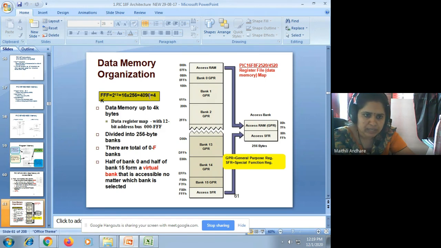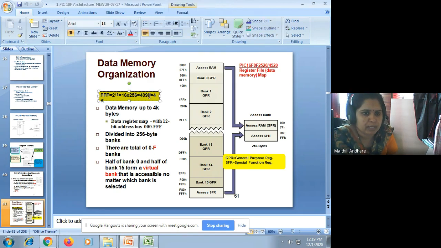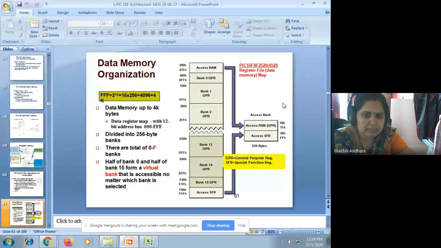You can do the calculation: 256 bytes into 16 comes to 4096, that is 4 kilobytes of memory. Whereas in the 8051 microcontroller, only 4 banks are available, bank 0 to bank 3.